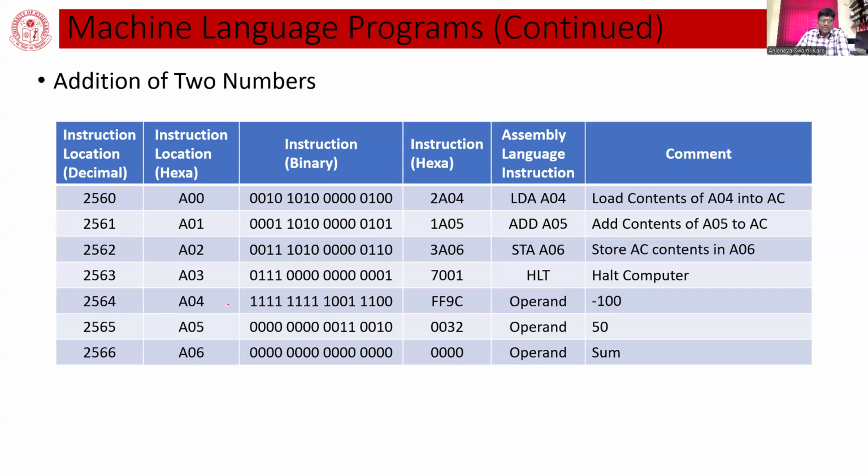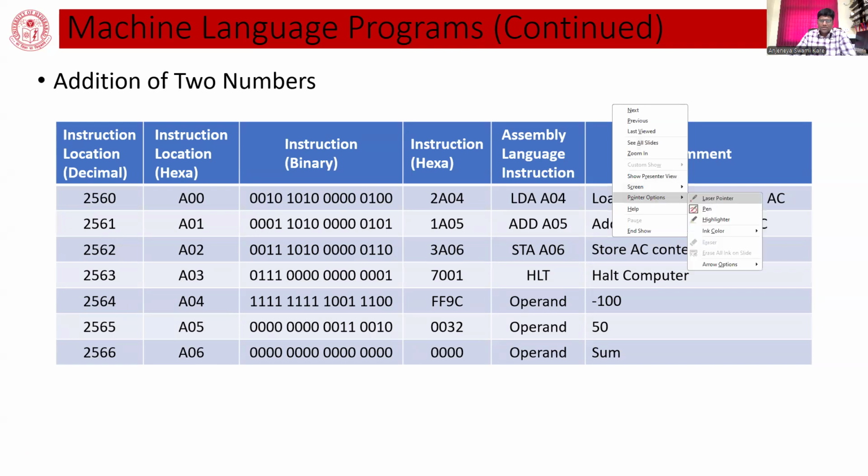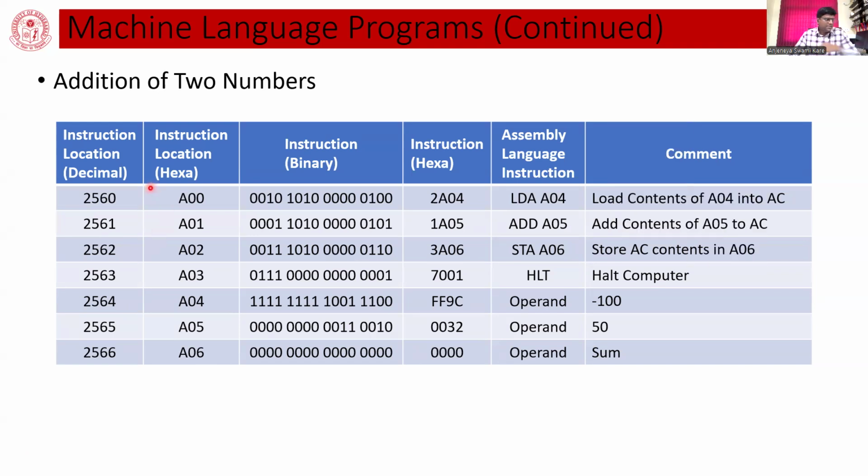On the left side, you see this is the instruction size. As I told you, the machine language program is stored in the primary memory. So this is the location where this instruction is stored in the primary memory, A00.